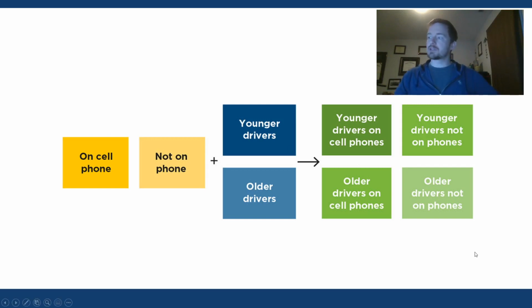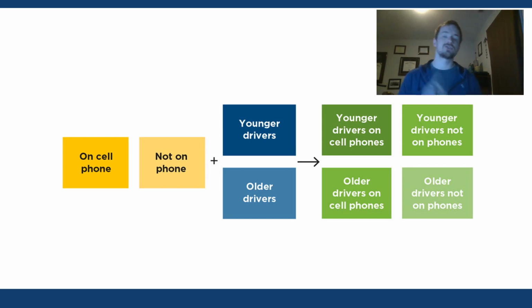What you see in the green, this matrix, is a 2x2. You'll hear this referred to a lot as a 2x2 factorial design. What that means is that you have 2 independent variables that both have 2 levels. Now, if we wanted to get complicated, and we will later in this video, we could show off. We could try to flex, and we could say, all right, actually we want not just old and young, we also want young, middle-aged, and old drivers.